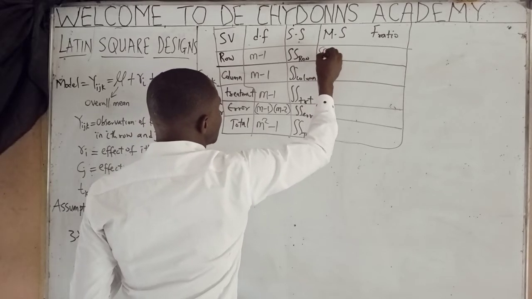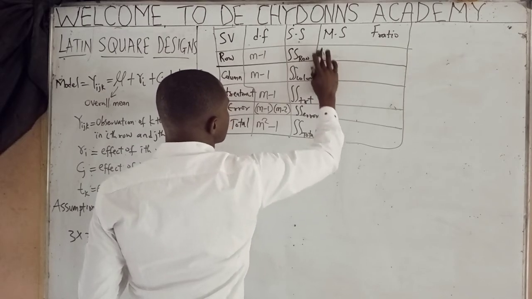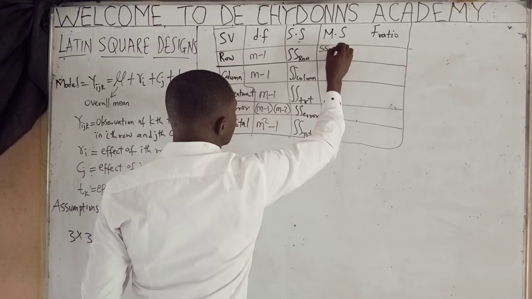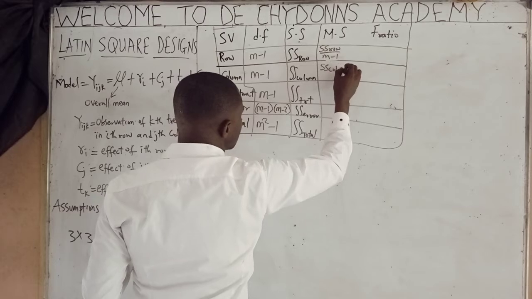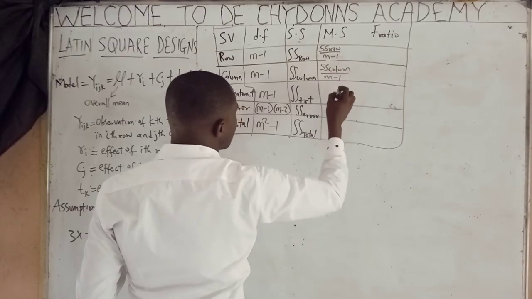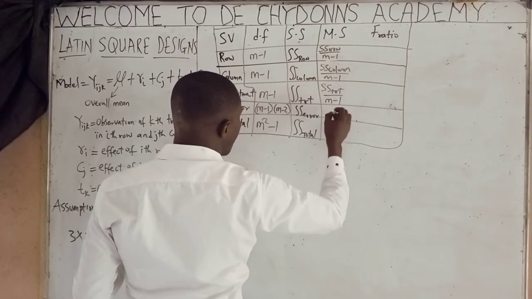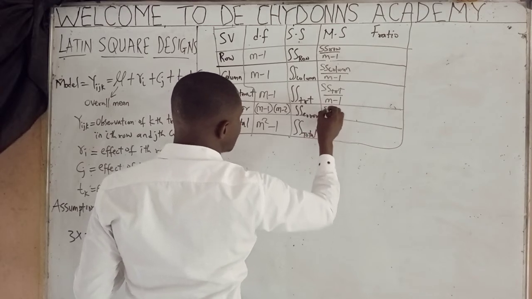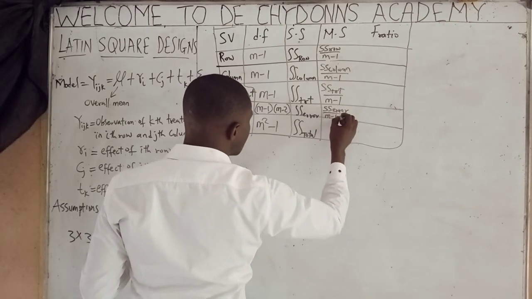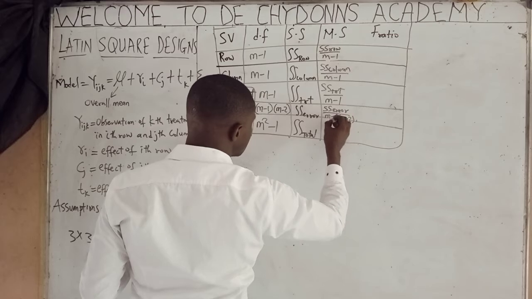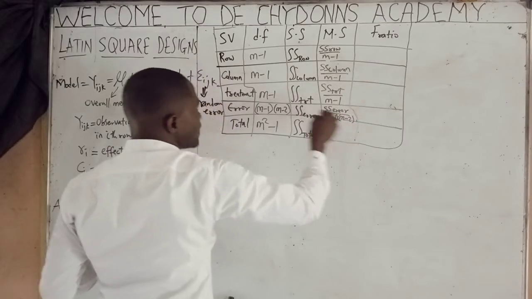MS means SS row over m minus 1, SS column over m minus 1, SS treatment over m minus 1, then SS error over m minus 1 bracket m minus 2. So that is for mean of squares.